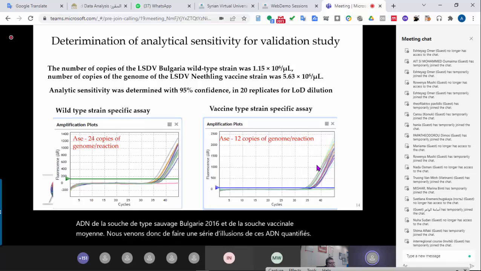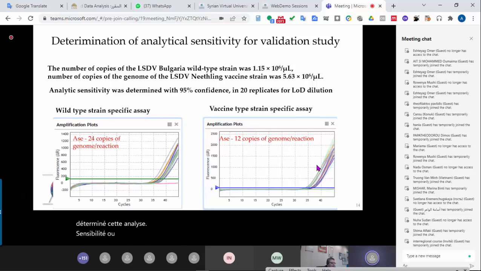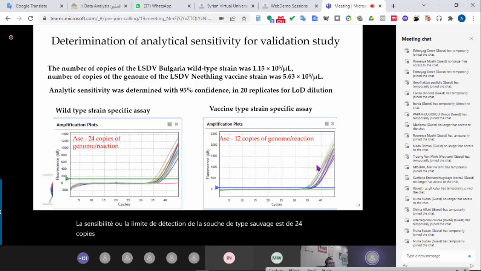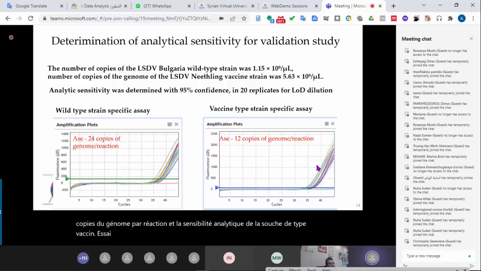With 95% confidence in 20 replicates, we have determined that the analytical sensitivity, or limit of detection, of the wild type strain assay is 24 copies of genome per reaction. And the analytical sensitivity of the vaccine strain specific assay was 12 copies of genome per reaction.